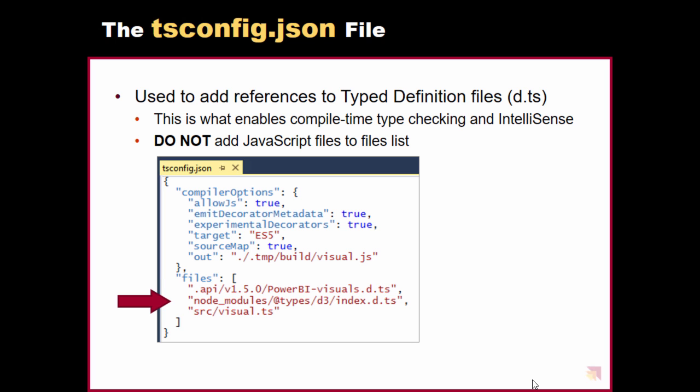One last tip, do not add JavaScript files to tsconfig.json. A bunch of folks have done this in the past, and that causes errors. And if you open a project and you see a .js file inside of the files collection, remove it, and quite often that will get rid of your compile time errors.